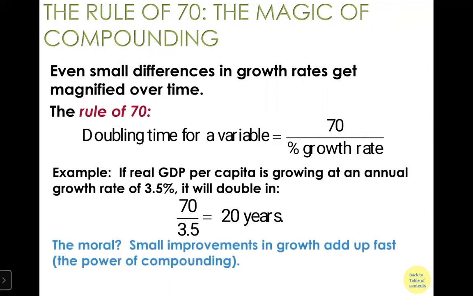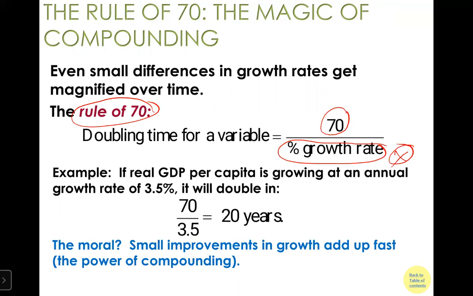There's a simple rule for us to appreciate the importance of growth. This is called the rule of 70. If a country grows by a certain percentage, say X, it's going to take 70 divided by X years to double its economy.